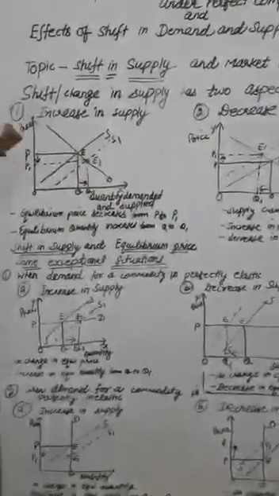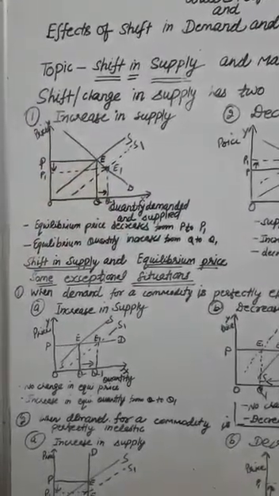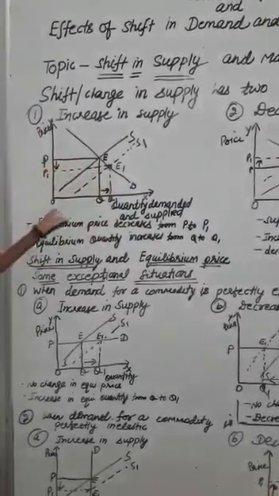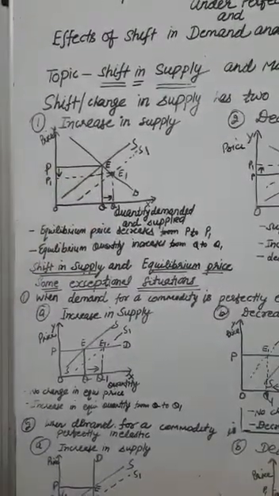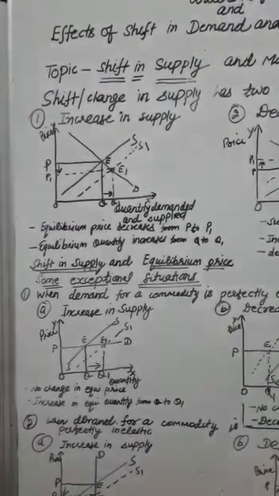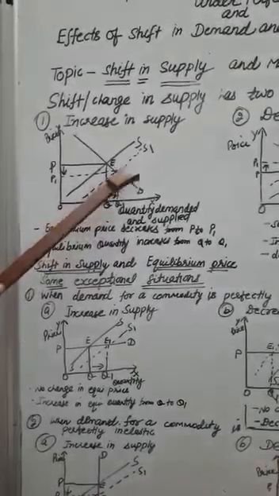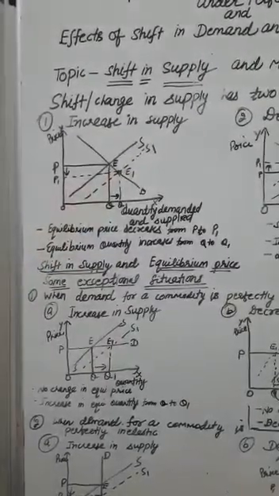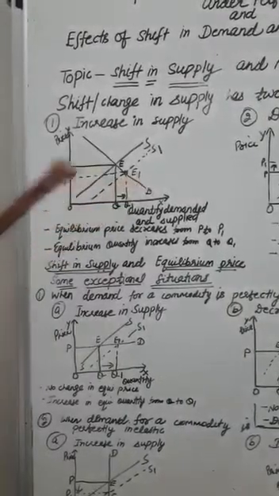So you know that D is the demand curve, S is the supply curve, E is the equilibrium point, equilibrium quantity is Q, equilibrium price is P. When supply increases, supply curve shifts to the rightward side. New supply curve is S1 and new equilibrium is at point E1.